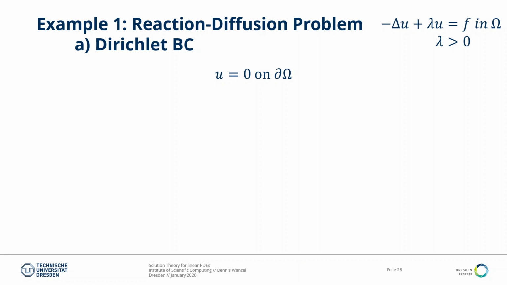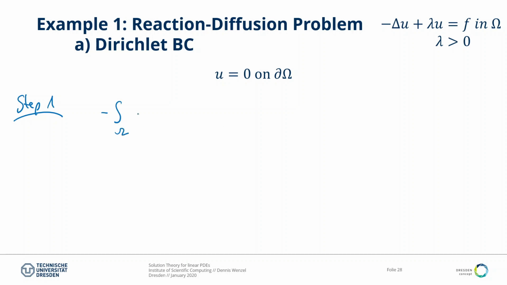Okay, let's start with step 1, because that's what we've said before. Step 1 is always the derivation of the weak form. I will do this a bit quickly because we have seen this before. We start by multiplying this whole thing with a test function v and integrating over the domain omega.